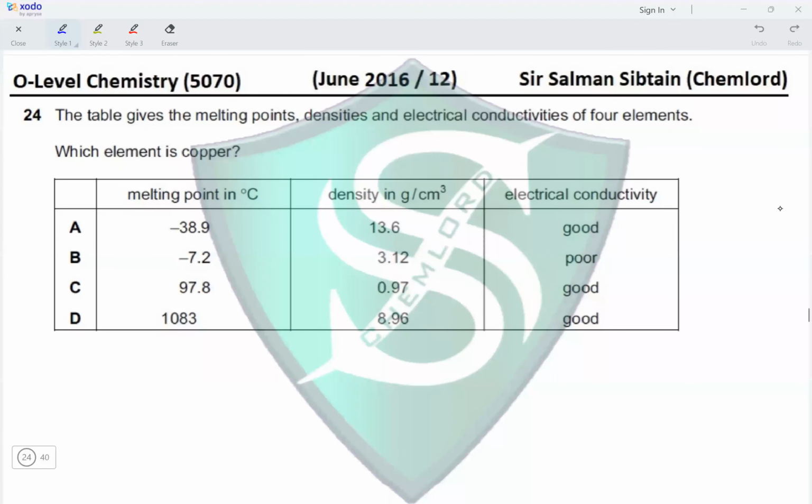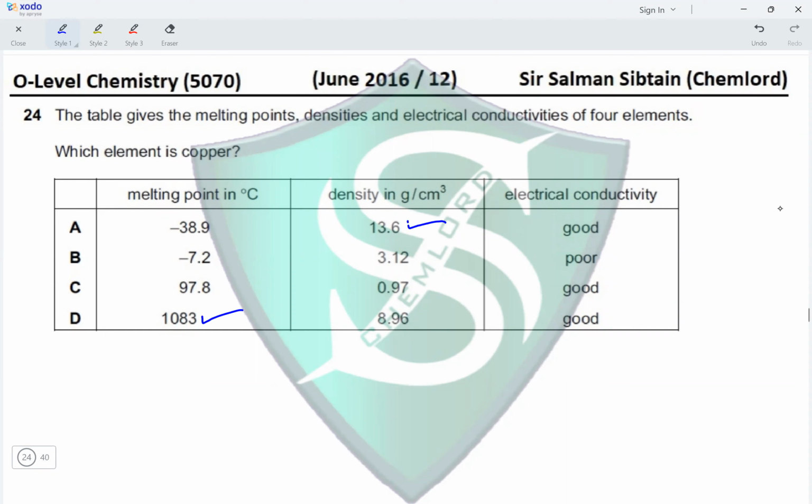Question 24. The table gives the melting points, densities, and electrical conductivities of 4 elements. Which element is copper? So copper is a metal and a transition element. It will have a very high melting point. So the only option with the highest melting point is 1083. Copper, being a transition metal, will also have a very high density.